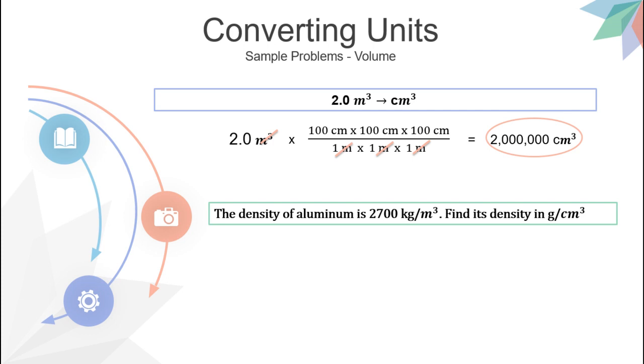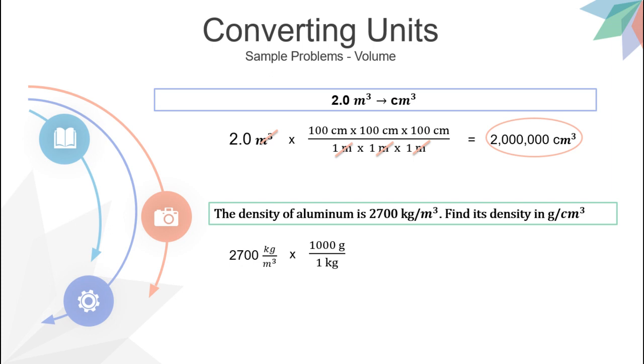We write it in fraction form so we don't get confused about which is the numerator or denominator. So 2,700. We convert kilogram first. Kilogram is on top, so kilogram goes at the bottom. 1 kilogram is 1,000 grams.